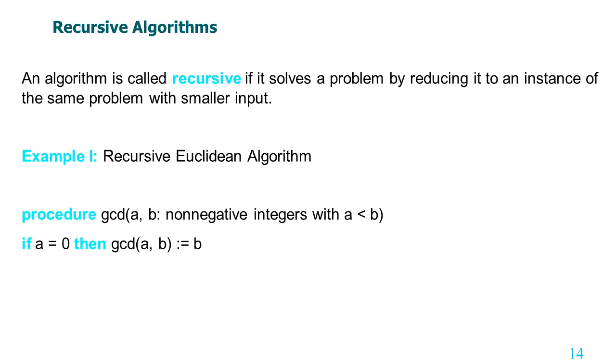The procedure is: if A is equal to 0, then GCD of A comma B is equal to B, else GCD A comma B is equal to GCD B mod A comma A. Now the function GCD is a recursive function. The function is calling the same function repeatedly.